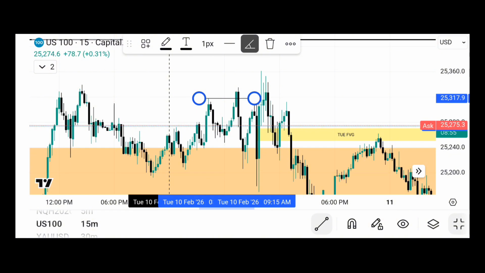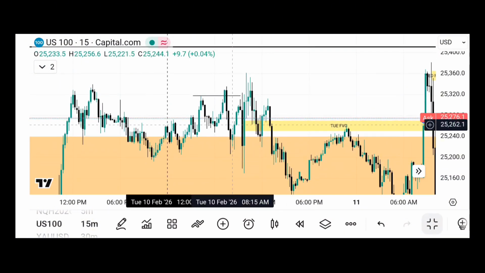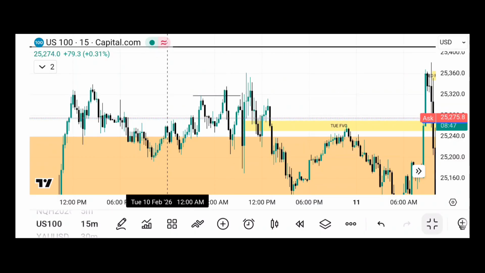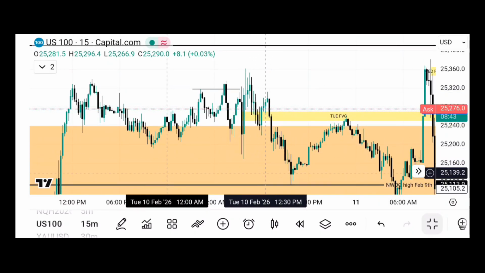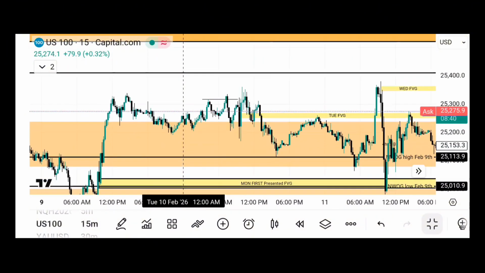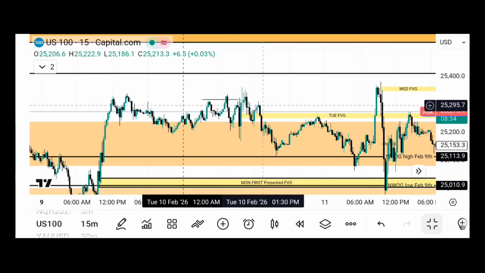So like I said, my bias was bullish for the day, but I was anticipating price to trade down into this new week open gap down here before entering on any buy.